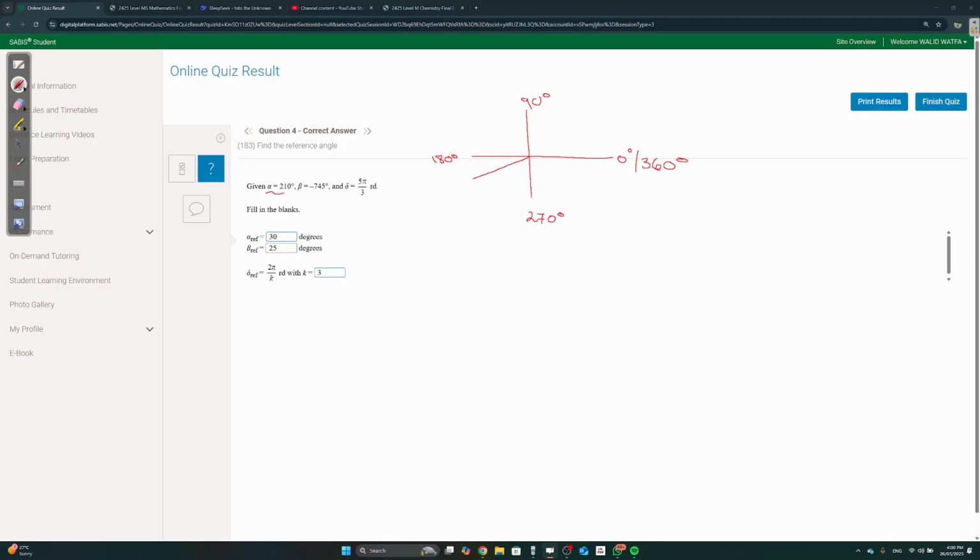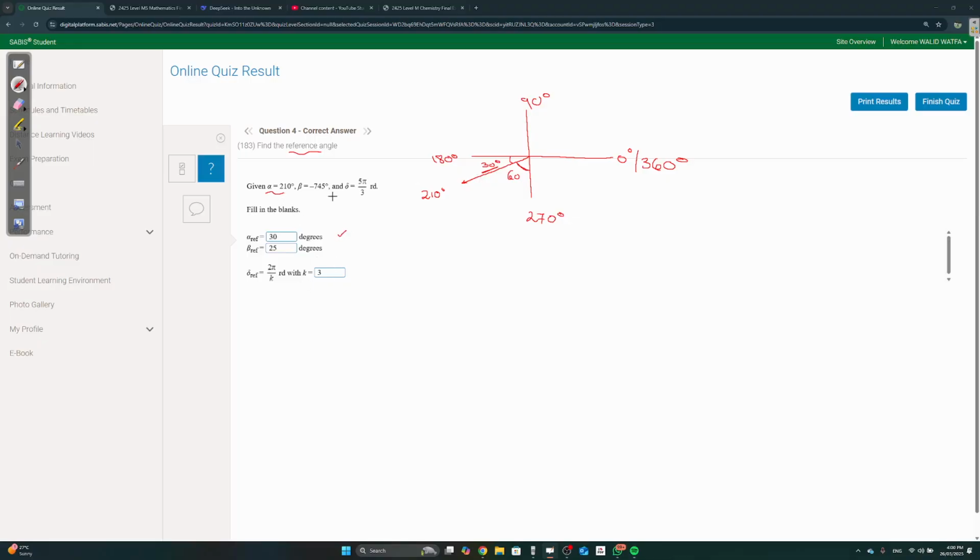It's going to be something like this. When we say reference angle, it basically means the angle between that and the nearest axis. So here, if this is 210, here how much will it be? 180 plus how much here? 30 degrees, right? Or here it will be 60. So how much is the reference angle here? For the reference angle, you take the smallest value, and in this case it's 30.